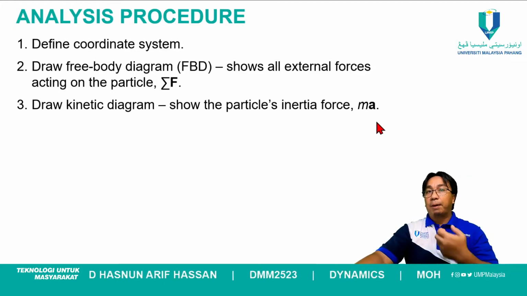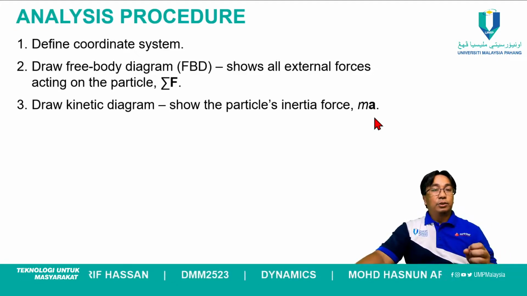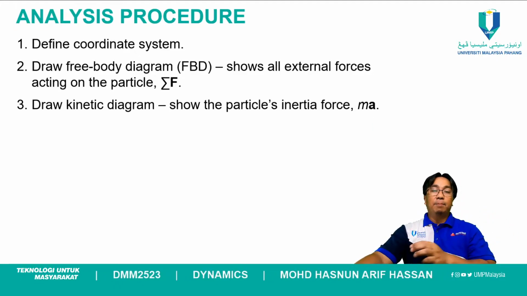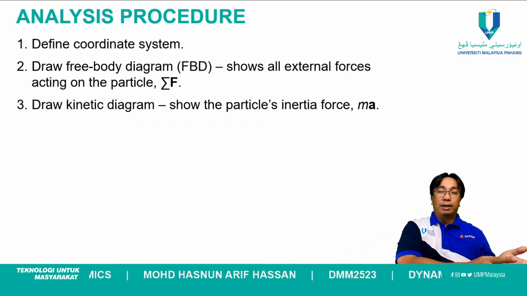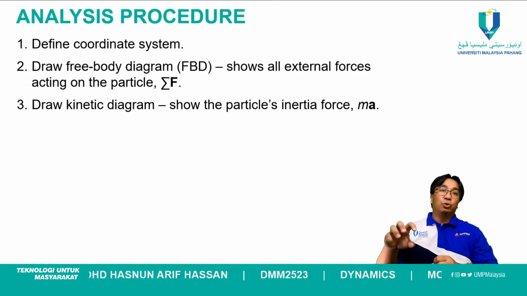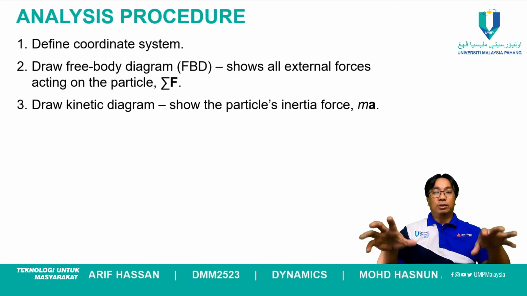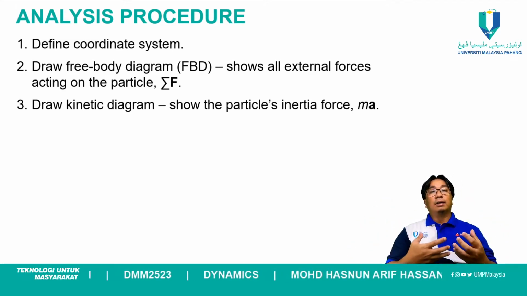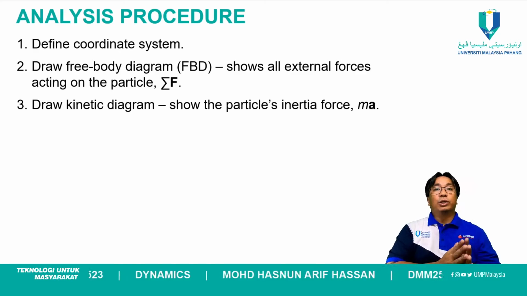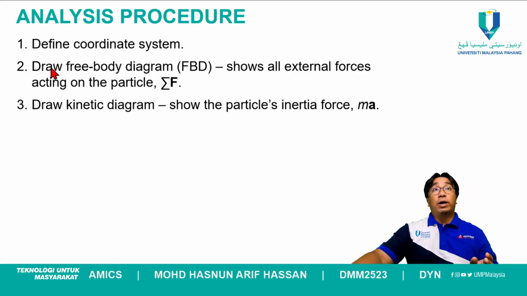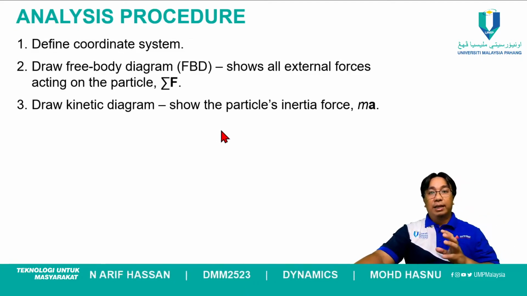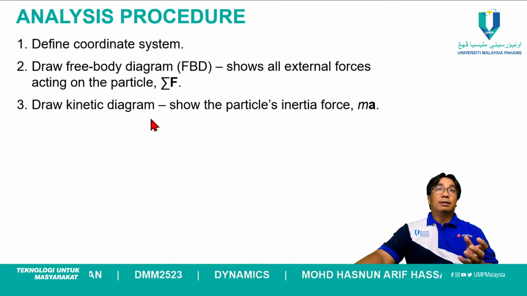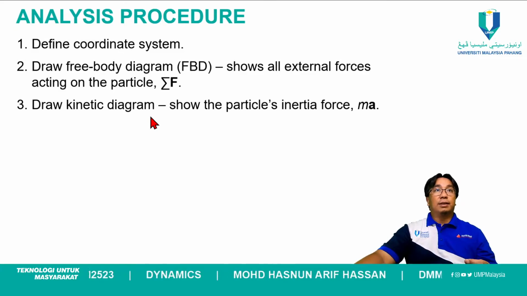If you remember the equation of motion, F equals ma. F is shown in the free body diagram. ma is shown in the kinetic diagram. So these two diagrams basically represent the equation of motion. That is why the free body diagram and kinetic diagram are important, because they represent the equation of motion itself.